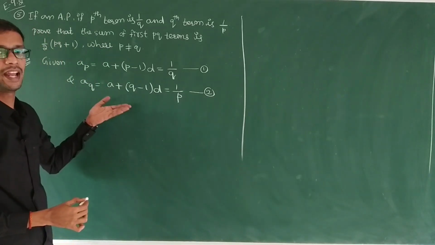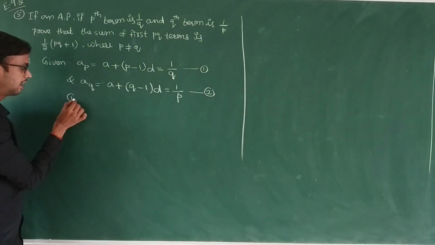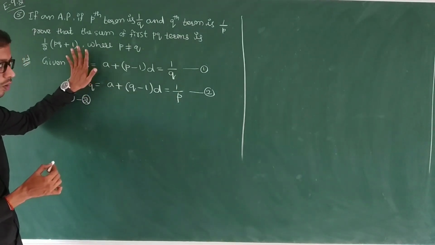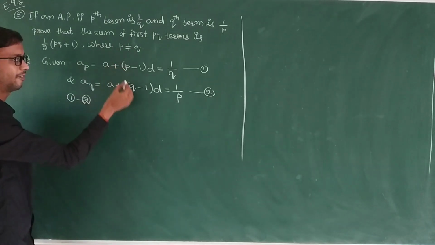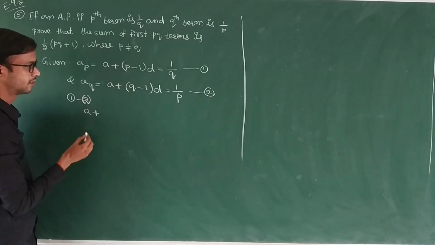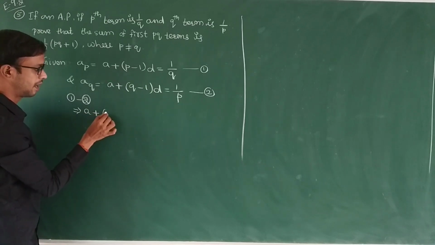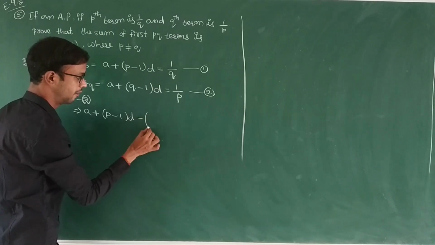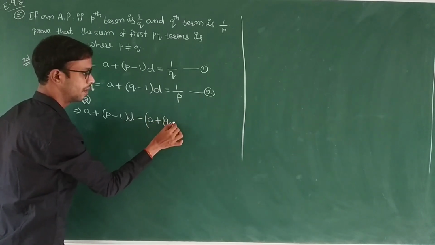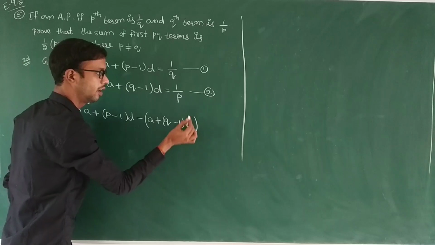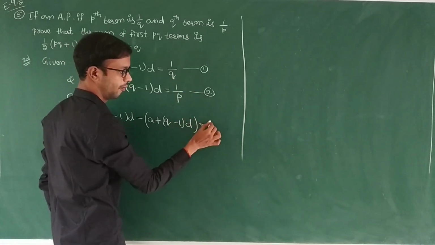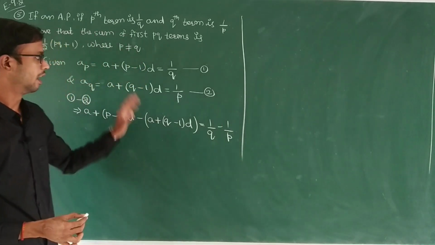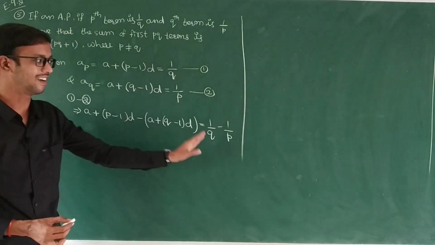Now I will make the subtraction, 1 minus 2. No need to write the right sides, I will take these two only. So the left side, a plus (p minus 1) into D minus (a plus (q minus 1) into D) is equal to 1 by q minus 1 by p. Left side subtraction, right side also subtraction.